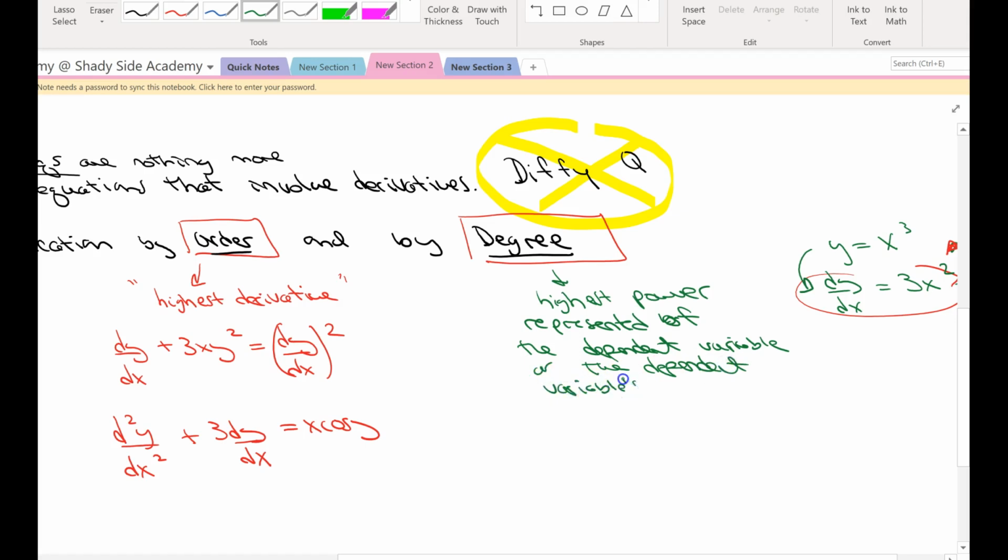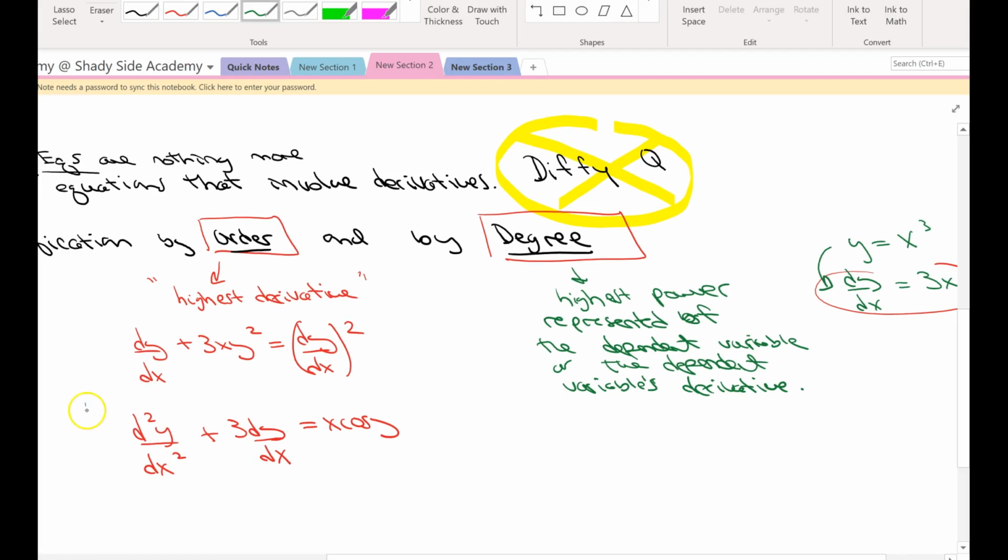So what I was about to write here was the highest power represented of y, or the derivative of y. But the reason why I didn't is because, as you can imagine, your equation is not always going to be in terms of y and x. So the dependent variable won't always be y. So the degree of a DiffyQ is the highest power represented of the dependent variable or the dependent variable's derivative.